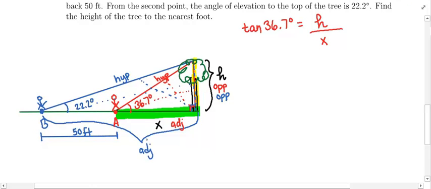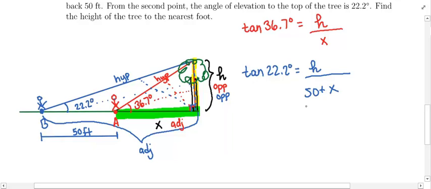So the tangent of 22.2 degrees is equal to the opposite side, which is the height, over the adjacent side. The adjacent side for this blue triangle is made up of the distance from B to A, which is 50 feet, plus the distance from A to the base of the tree, which is X.